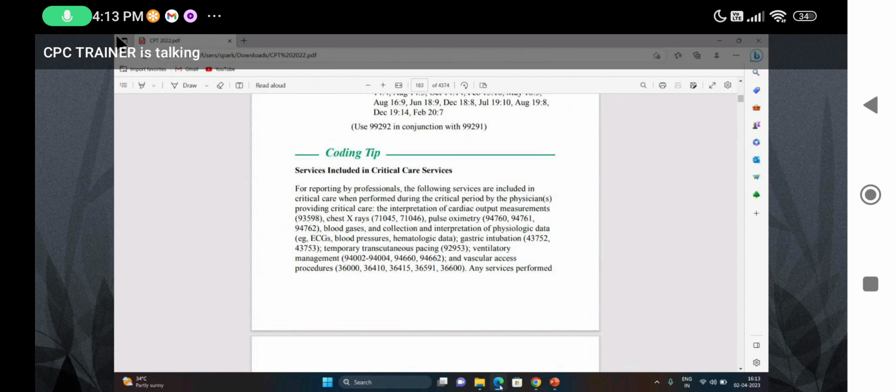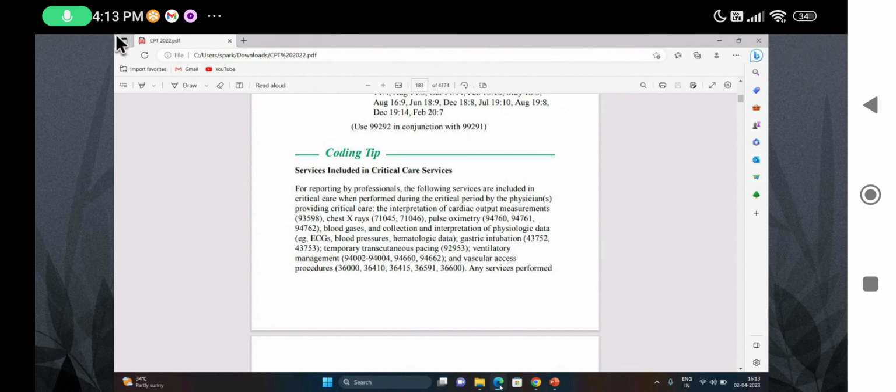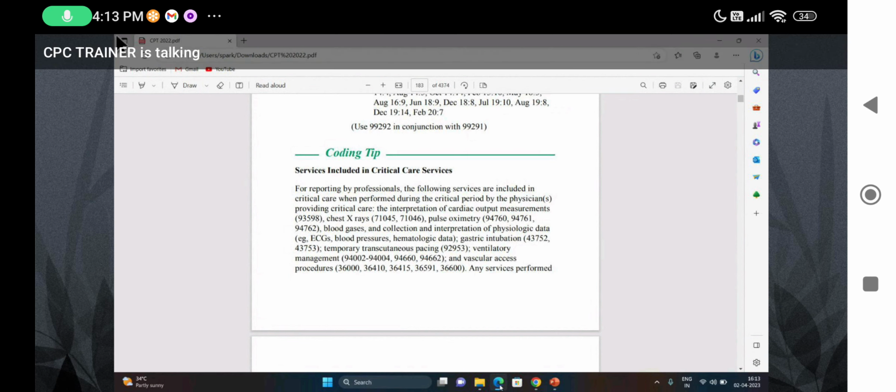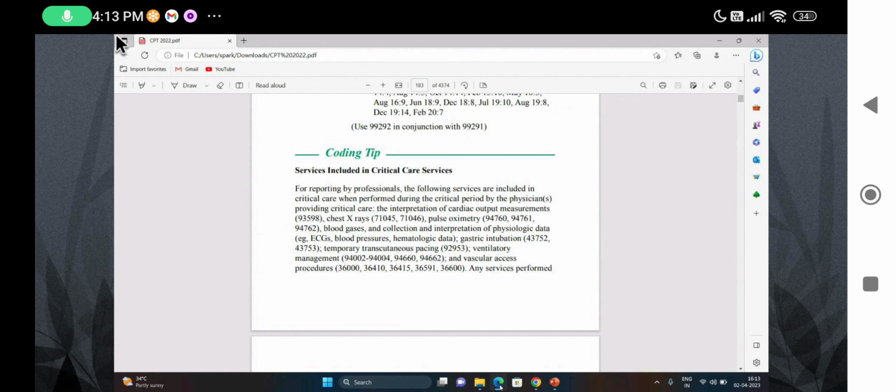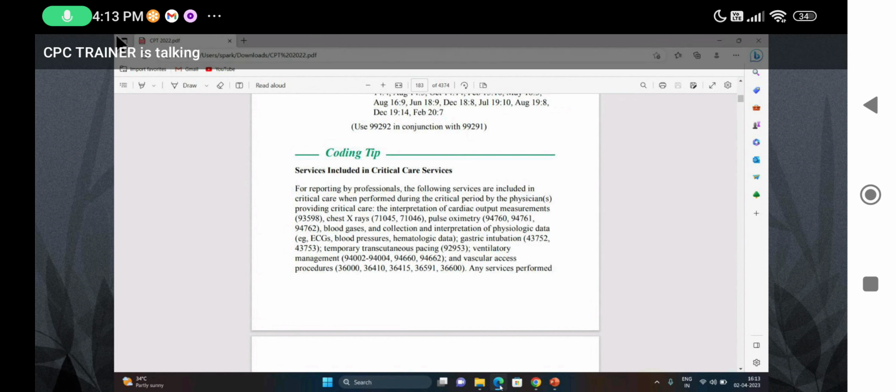The last one is vascular access procedure.